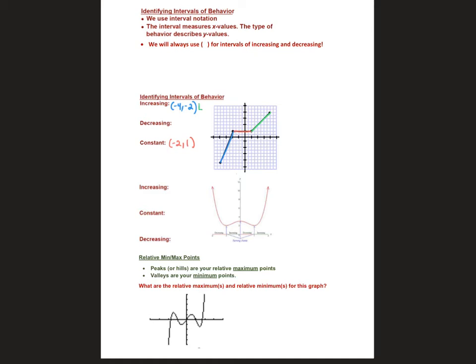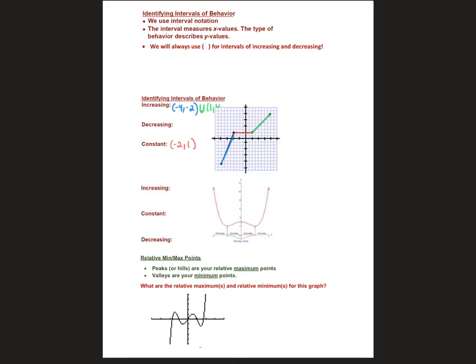So we'll put union and we'll say x = 1 and it goes to x = 4. So you can write here that there are no parts of my graph, no intervals, that are decreasing.